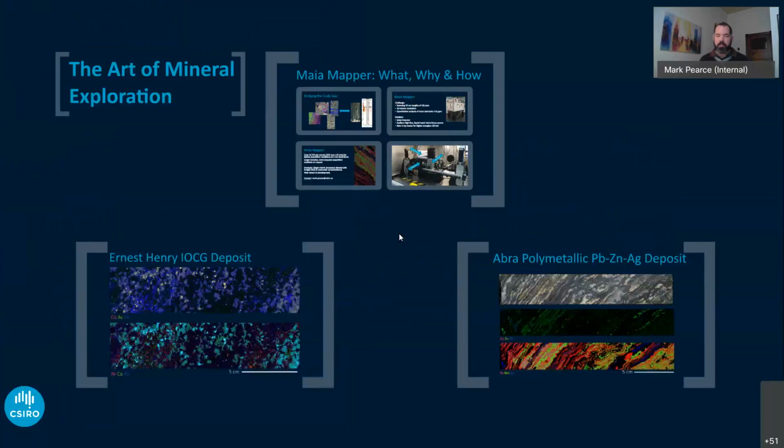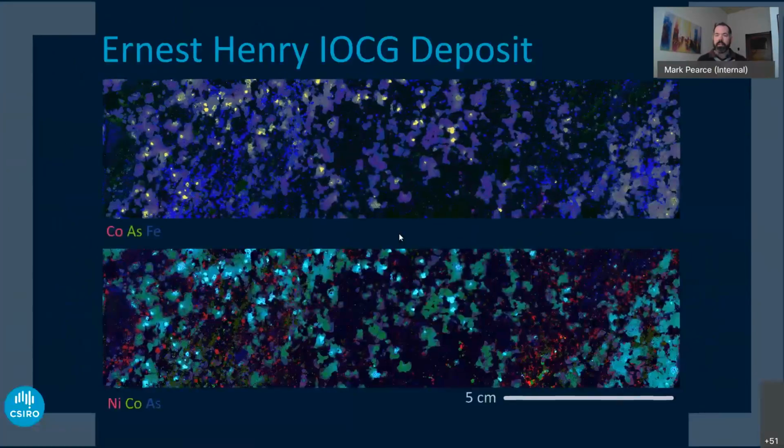My second example is from the Ernest IOCG deposit in Queensland. And this example again, we're asking questions about representativity. So microanalysis of pyrite, specifically with laser ablation, has produced some significant advancements in understanding gold and sulfides in mineral deposits over the last 10 years.